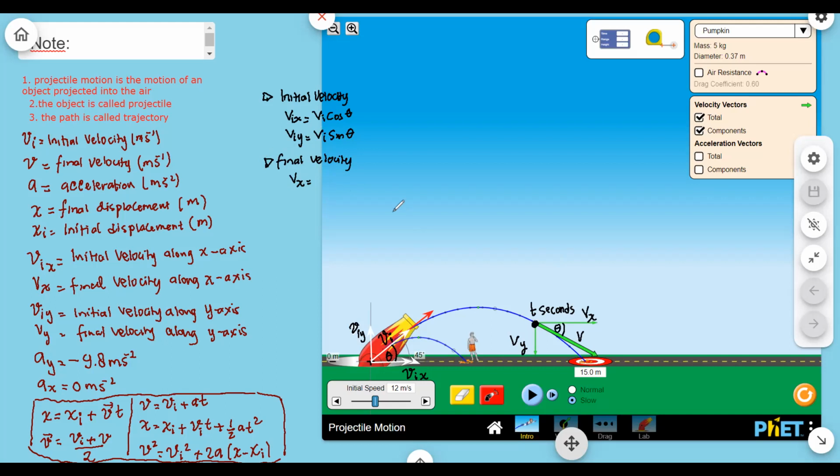But the angle can be different, right? Now we can put the angle as alpha. So Vx equals V cos alpha, and Vy equals V sine alpha.